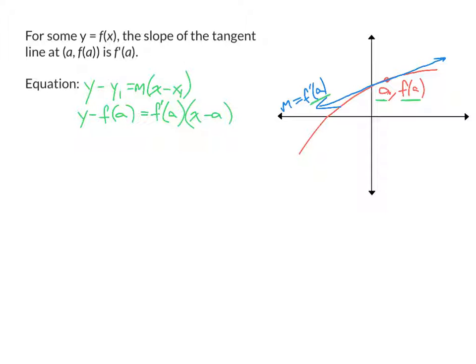And what I'm actually going to do here is get y by itself, so I'll read it as y equals f of a plus f prime of a times x minus a. So that's my equation with y by itself, and we can use that equation to approximate nearby values.